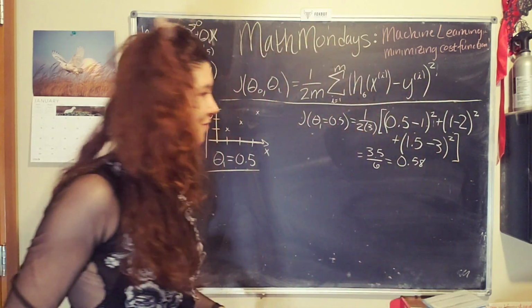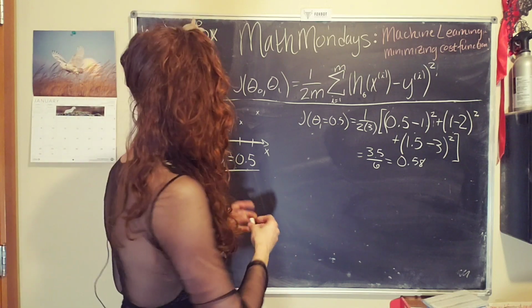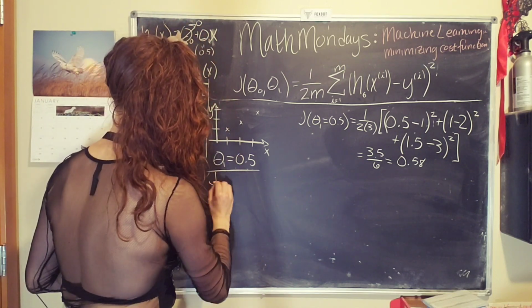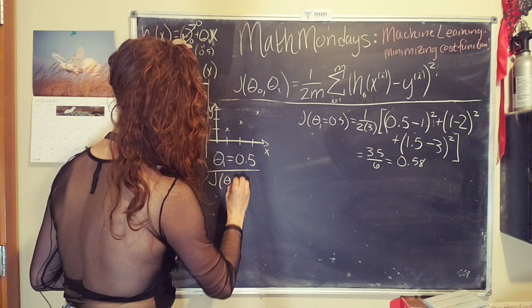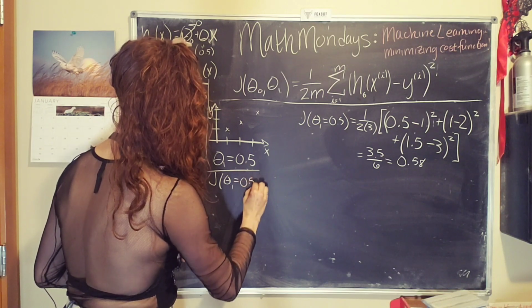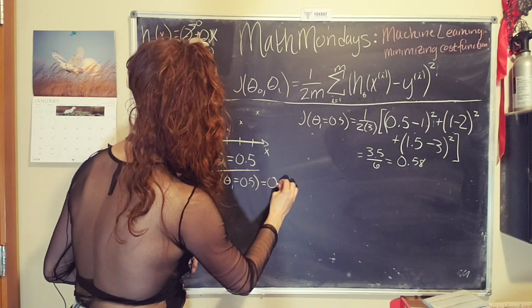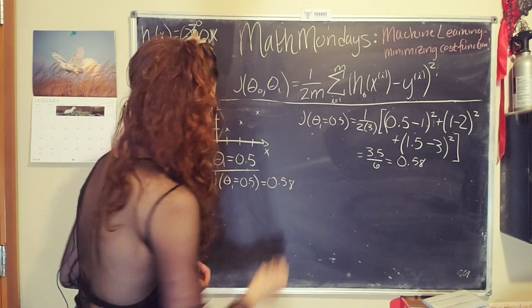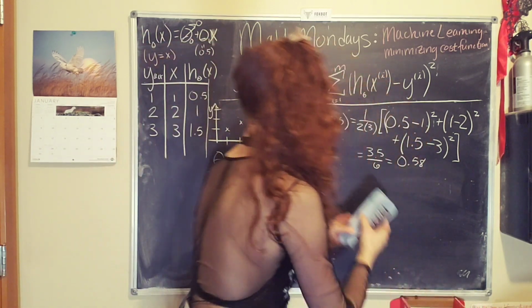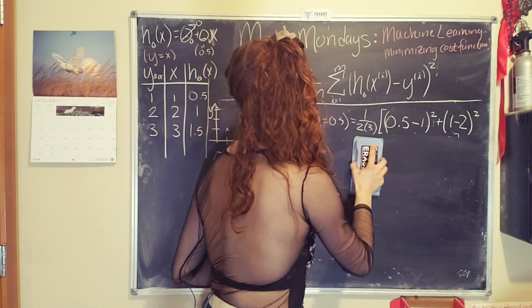Okay, cool. 0.58. So J of theta 1 equals 0.5 gives us 0.58.